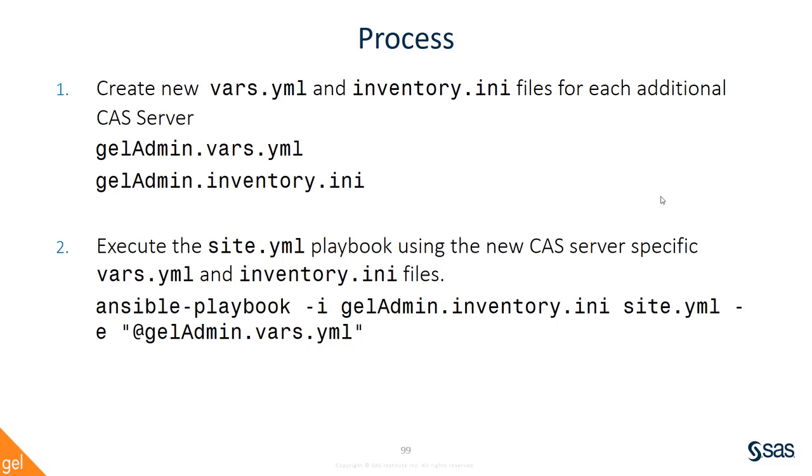So create copies of those two files. You run Ansible. It takes care of deploying the software, laying down the binaries, configuring everything, and once that command finishes, you're done. Right? That server is up and running and it's available for your users.